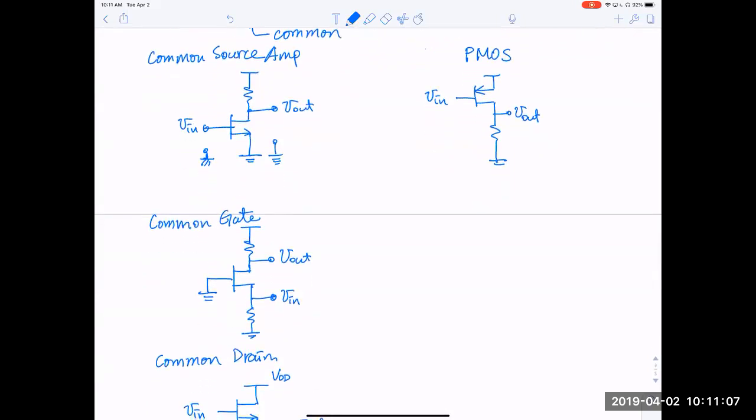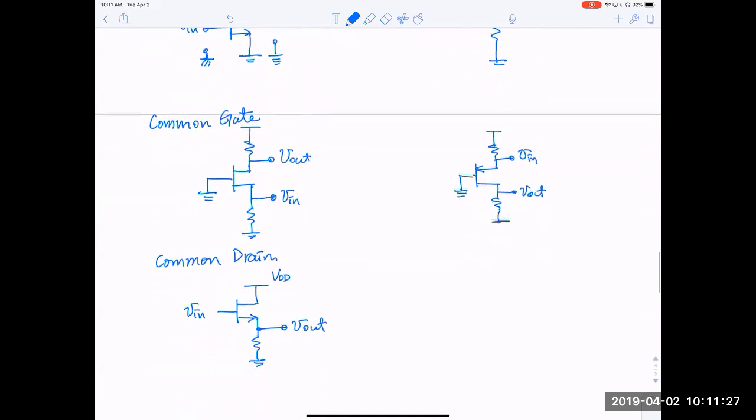Okay, and the common gate amplifier is the same. We always draw the source on the top side. It's common ground here, and Vin is applied to the source side. Output is taken from the drain side.